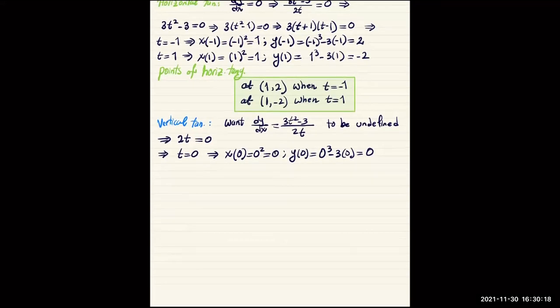Okay, so vertical tangency is going to be at (0, 0) when t is 0. Again, this is going to significantly help you with the graph. Okay? Any questions so far? I hope that made sense.